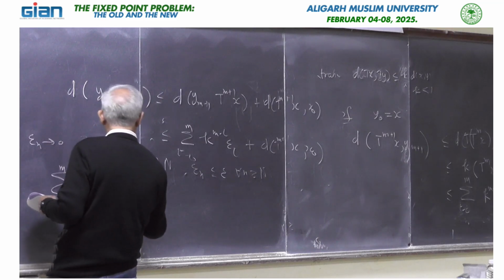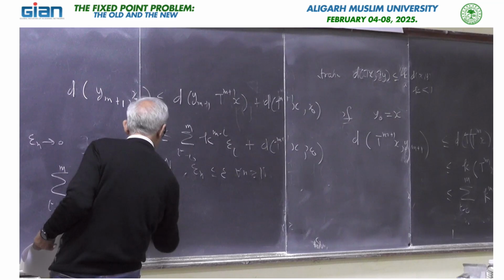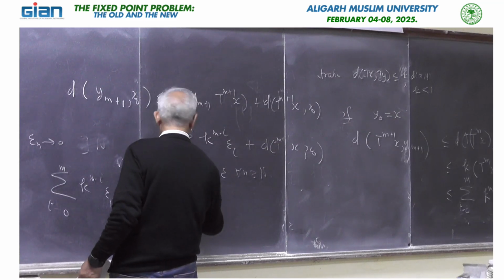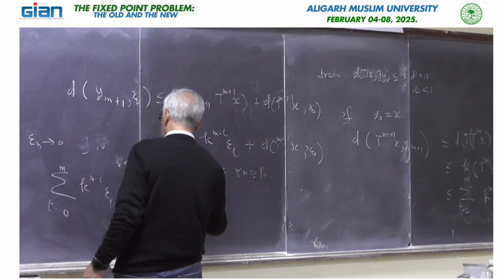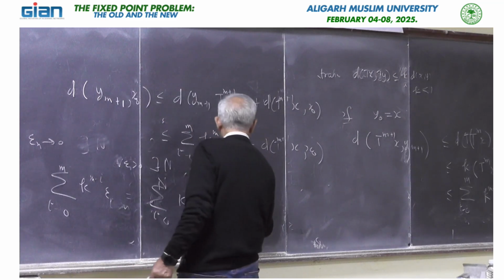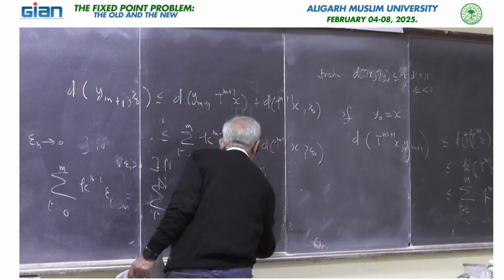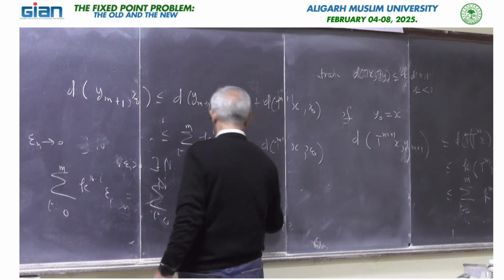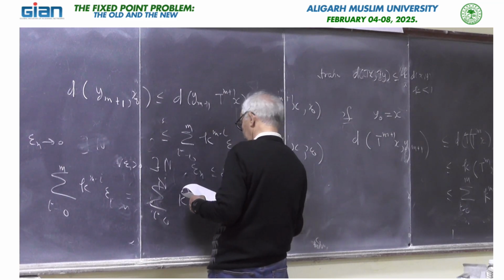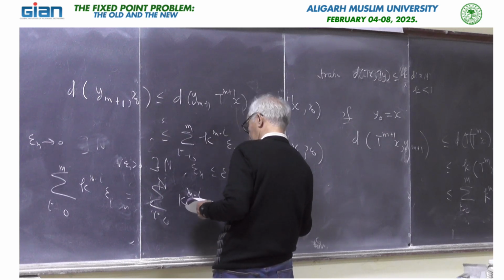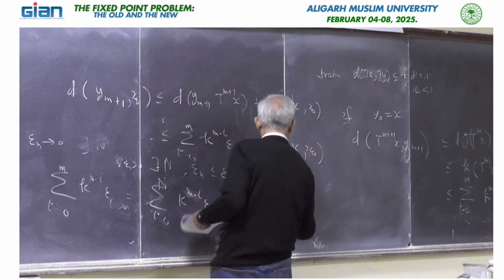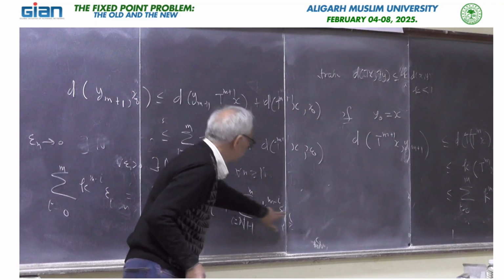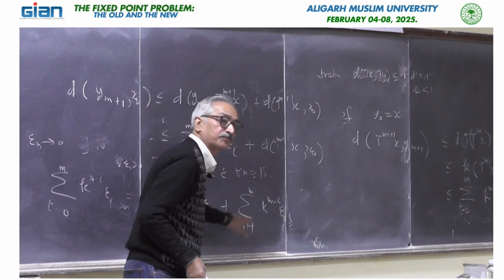So this is equal to the summation i equal to 0 to N of k^{m-i} epsilon_i, plus the summation i equal to N plus 1 to m of k^{m-i} epsilon_i. Okay. So for these, epsilon_i's are less than epsilon.